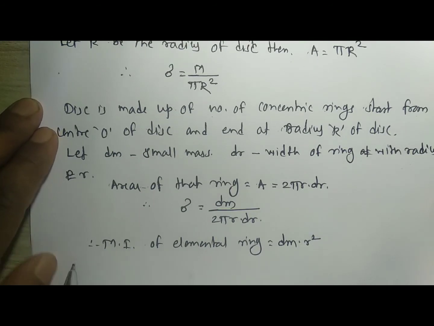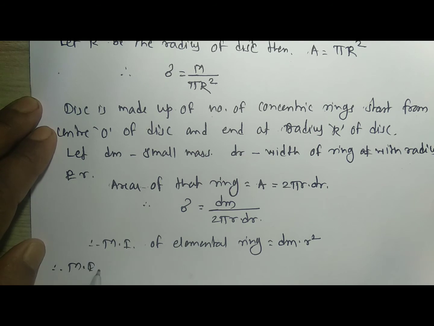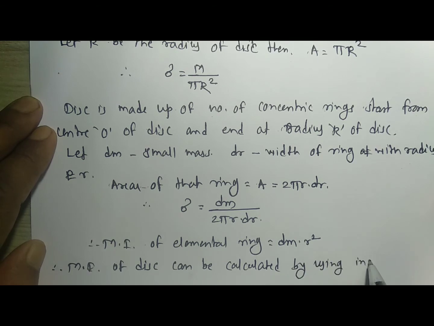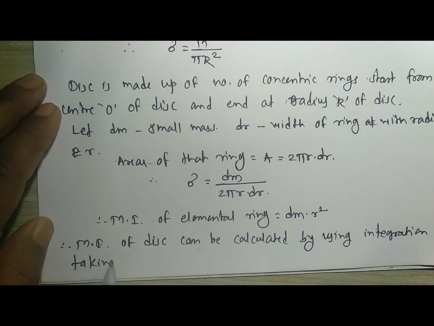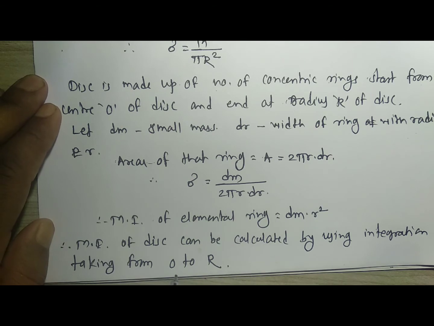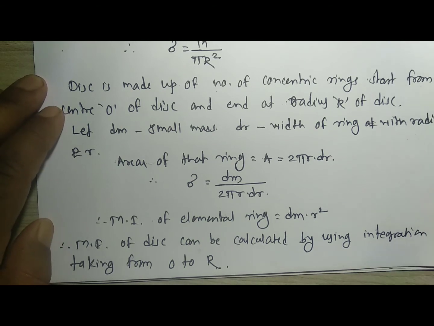And therefore the moment of inertia of the disk can be calculated by using integration taking from 0 to capital R. That means 0 works as the lower limit and capital R works as the upper limit.